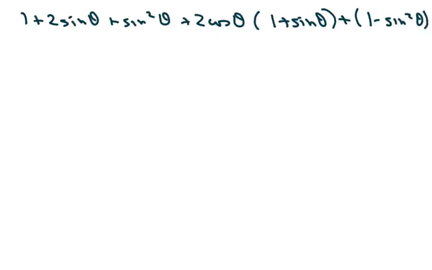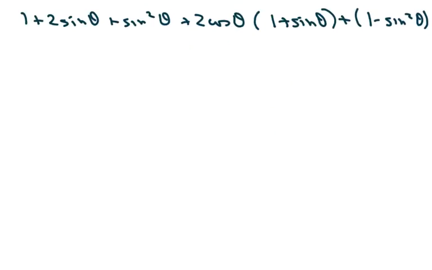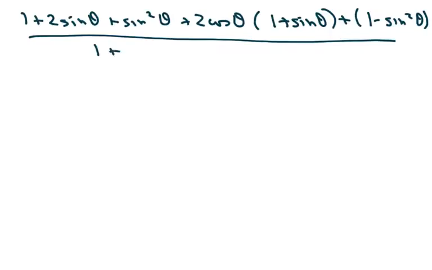So this part right here I'm rewriting like I did this one. Okay? All over 1 plus 2 sine of theta plus sine squared of theta minus 1 plus sine squared of theta. I went ahead and distributed the negative.